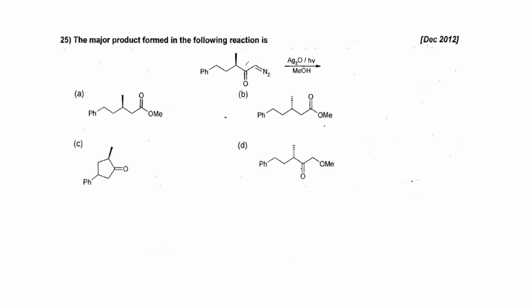Let's go to the next question, which is also based on the silver catalyst. So the major product formed in the following reaction. They have given this diazo type of compound and silver oxide in presence of lime. So this type of reaction goes through a special type of intermediate.